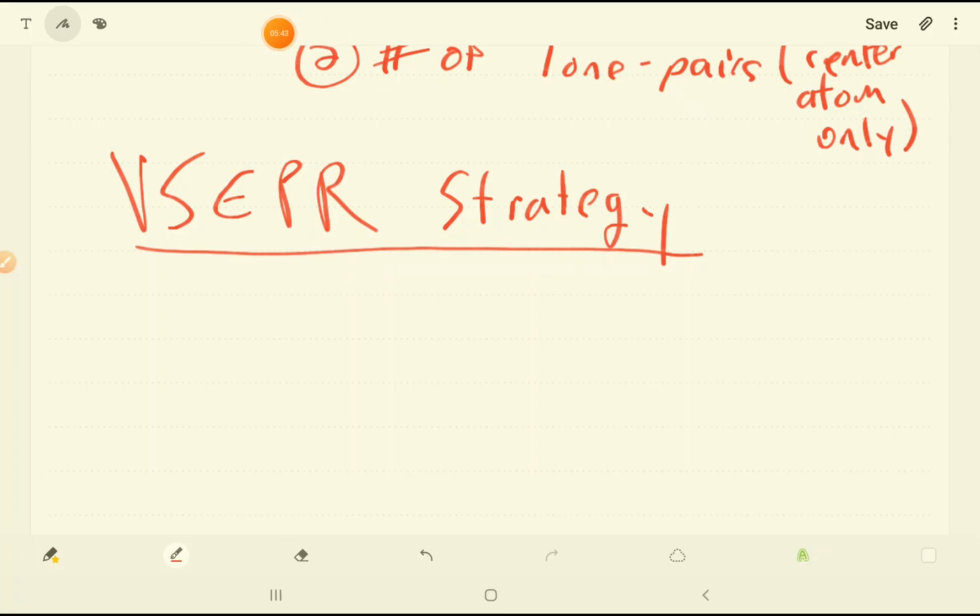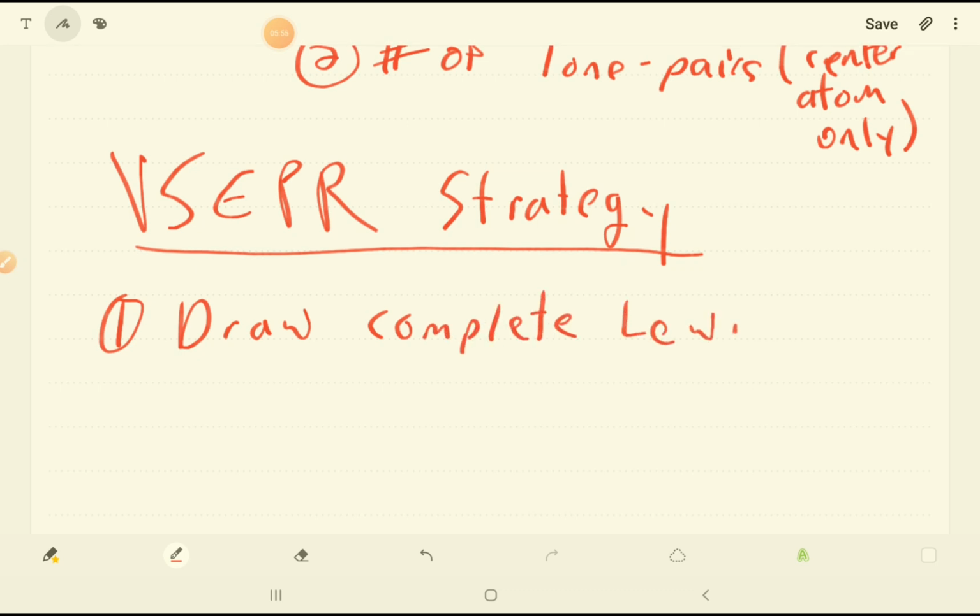And so the general VSEPR strategy is going to be as follows. The first thing that you do is you draw the complete Lewis structure of the compound, and that would include all the double bonds with the lone pairs and everything included, the full step process.